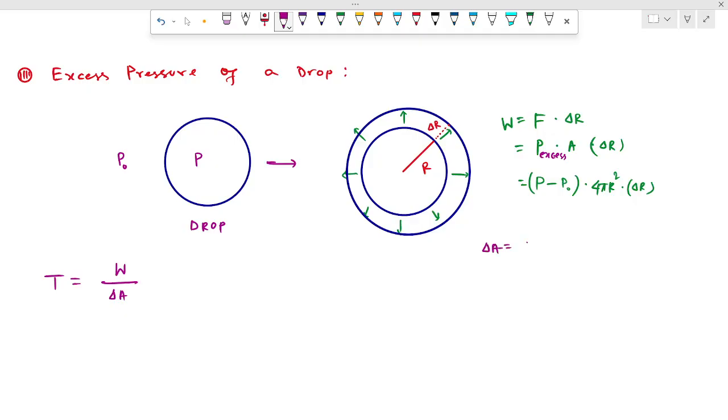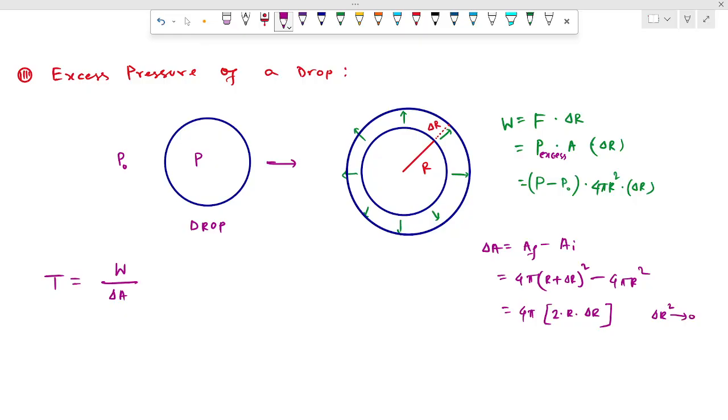Delta A is the change in surface area, that is final area minus initial, that is 4 pi (r plus delta r) square, and initial is 4 pi r square. If we take common 4 pi, this r square will be cancelled out. 2r delta r, that is the 2ab term, and the b square term, that is delta r square, will be negligible. Delta r square is close to 0.